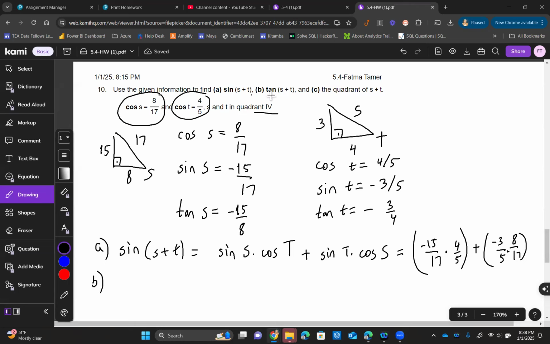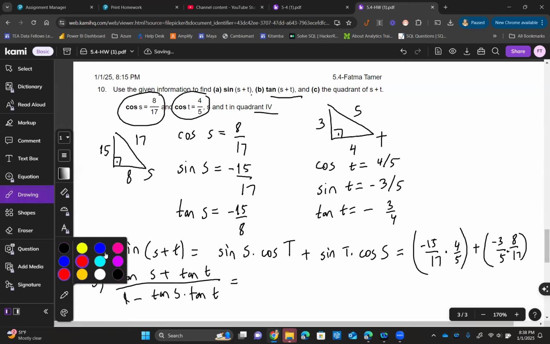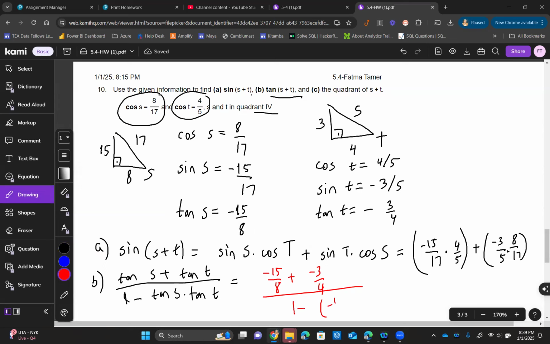For part B, you're going to need tangent S plus T. So you need tangent of angle S plus tangent of angle T all over 1 minus tangent of angle S times tangent of angle T. We already figured out the values for each angle. Tangent of S is negative 15 over 8, and this is tangent of angle T, all over 1 minus negative 15 over 8 times negative 3 over 4.